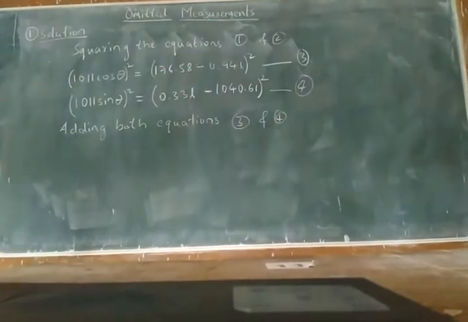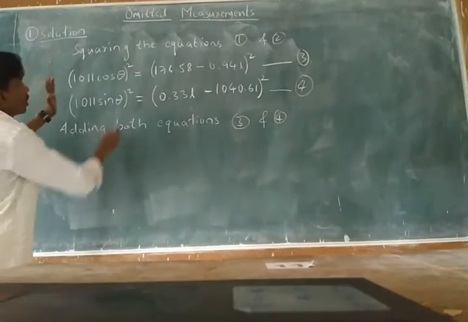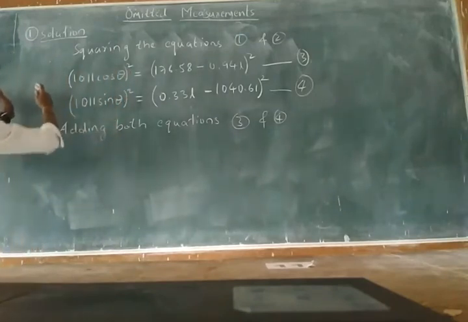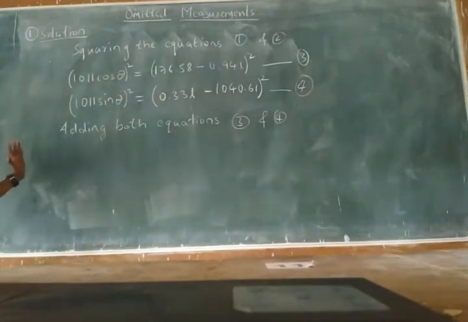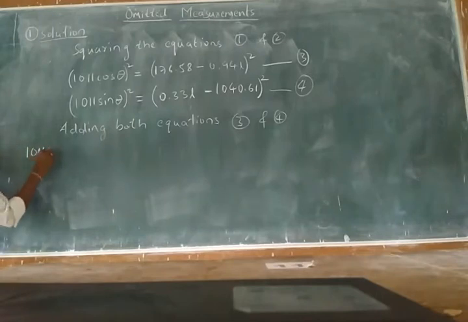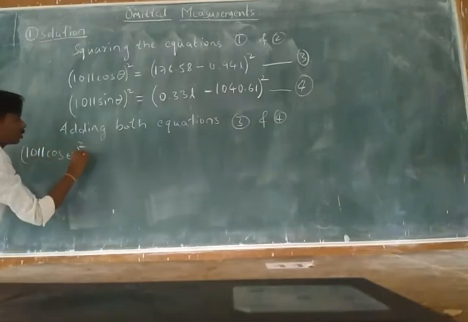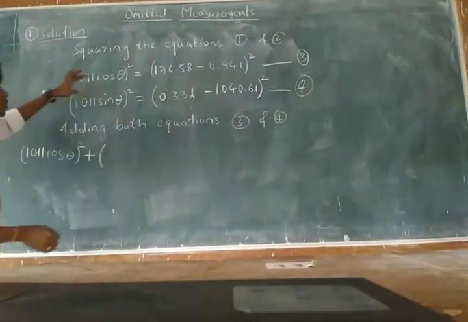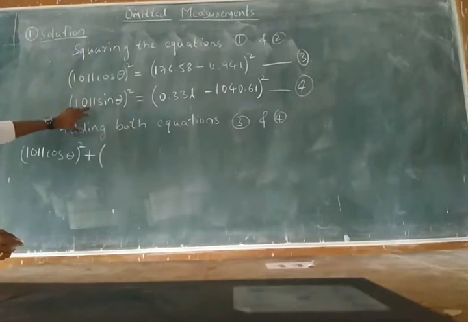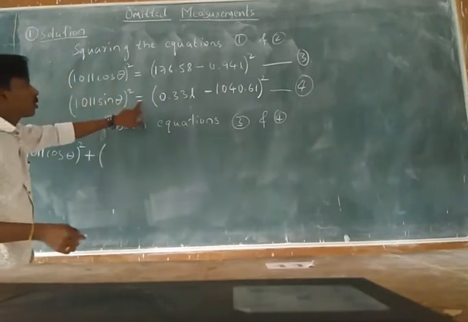So now let's add. See here, the things which are on the left side of the equal symbol. That will become 1011 cos theta whole square plus, since we are adding equations, we have to add the numbers on the left side of the equal to.